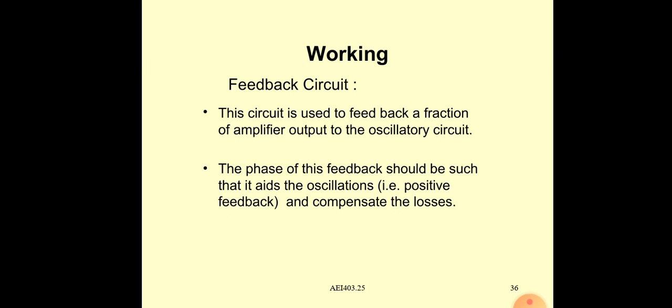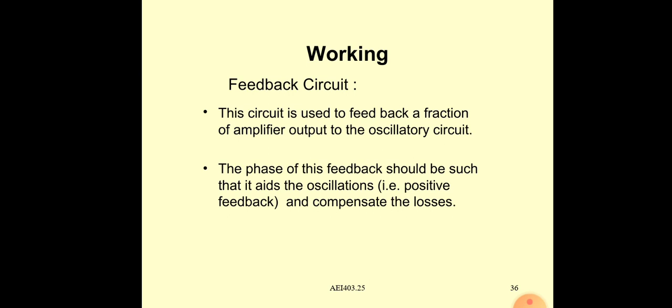Feedback circuit: this circuit is used to feed back a fraction of the amplifier output to the oscillatory circuit. The phase of this feedback should be such that it adds to the oscillations, positive feedback, and compensates the losses.